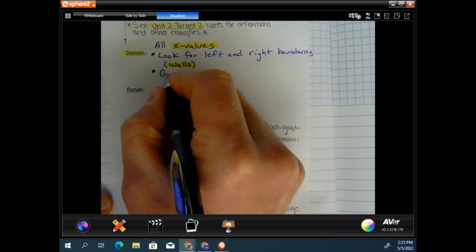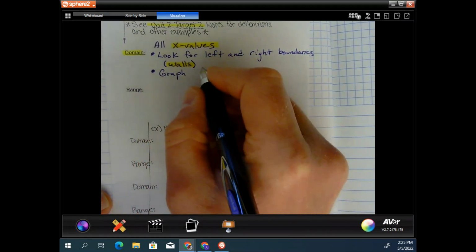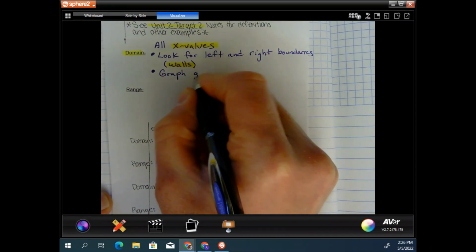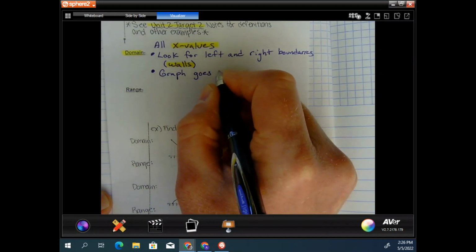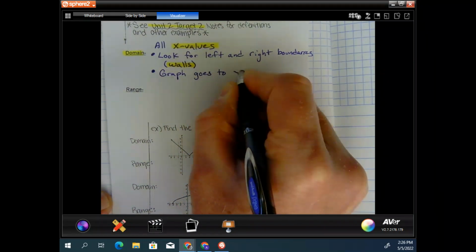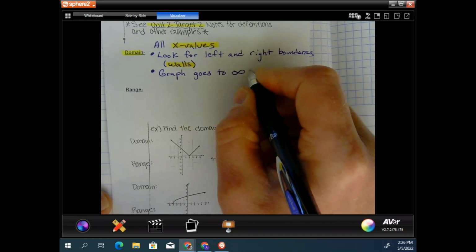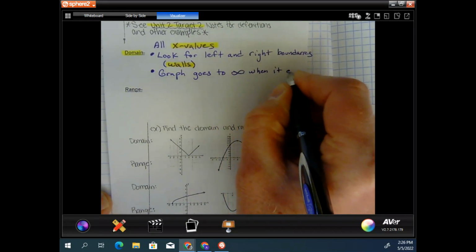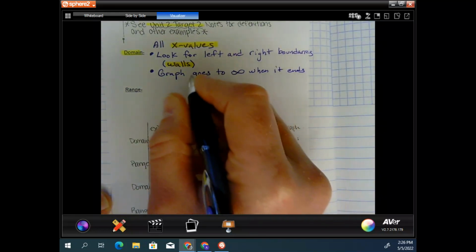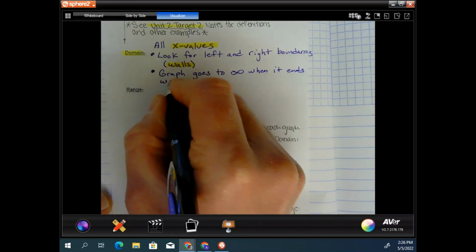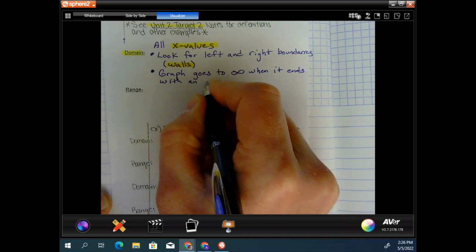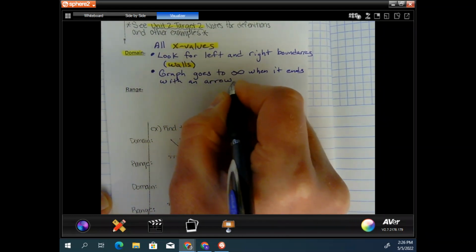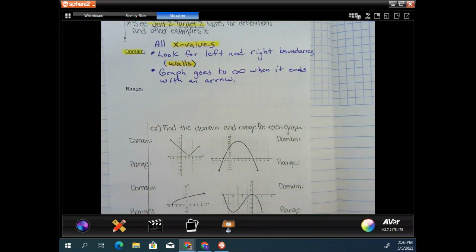The graph will go to infinity when it ends with an arrow. So if you see an arrow, that graph continues to infinity.